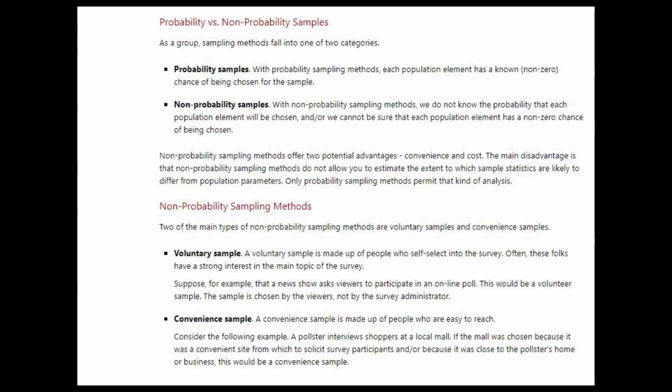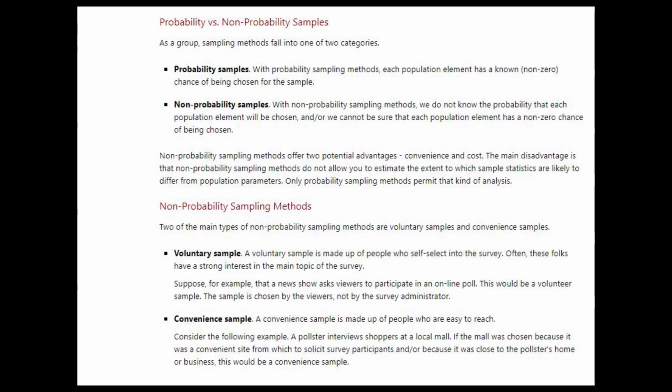A convenience sample is another type of non-probability sample. That's just made up of people who are easy to reach. Right? Let's say a pollster goes into a mall and just happens to choose whoever they pass by in the mall. It's convenient. There are problems with that as well because it isn't representative. It's just a convenience sample. They're easy to reach. And it's the same way with Rotten Tomatoes. It's people who are on Rotten Tomatoes.